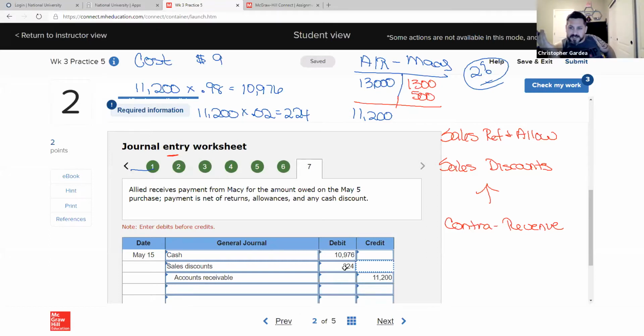Is that an expense or what does that fit into? Sales discounts is a contra revenue account. Contra revenue, okay. Just like the allowances and returns. It can be confusing with an expense because it's still a debit, but it's a contra revenue account. So it really just has the opposite balance as a revenue account. Got it. Okay. All right.